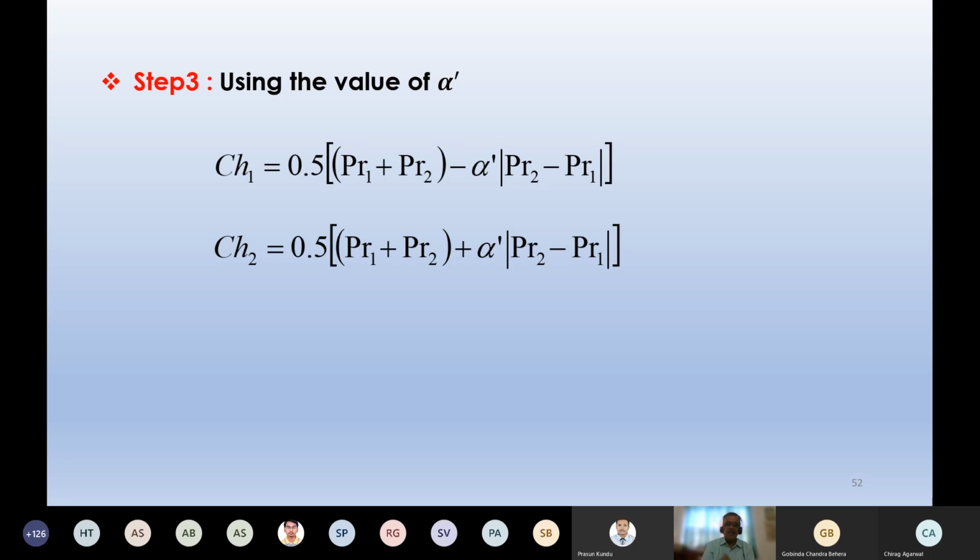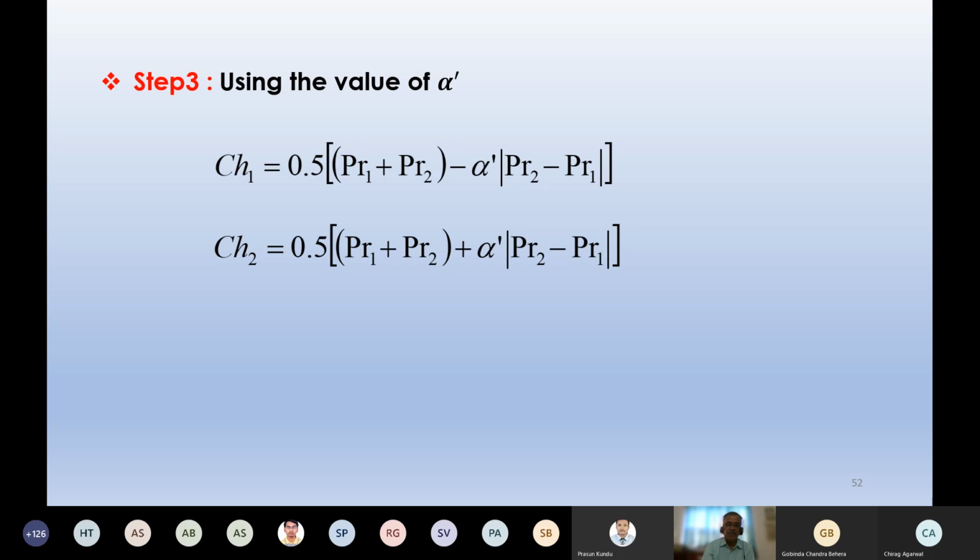So consequently I'll be getting the difference between the two children. We take 50% of the difference between the two children. Initially we do not know it, which is why we take the help of the mathematical expression alpha prime.